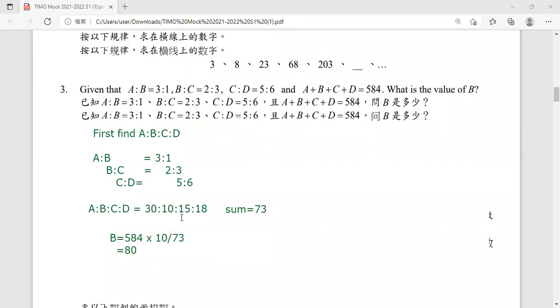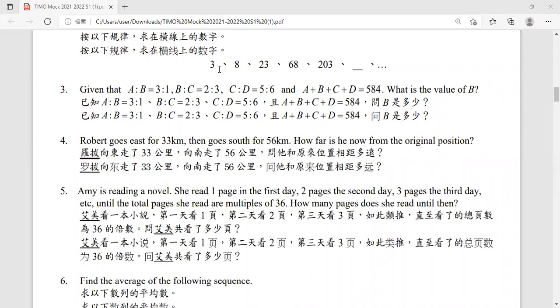Because you can divide 584 by 73, which is 8, and then times 10 becomes 80. Okay, that's that. Any questions? Okay. Next one.